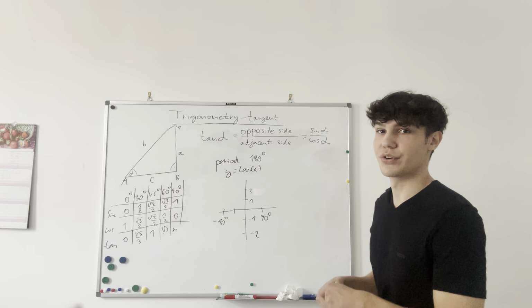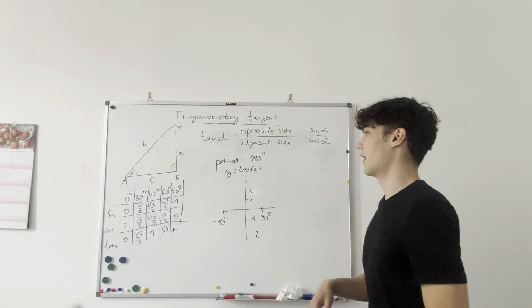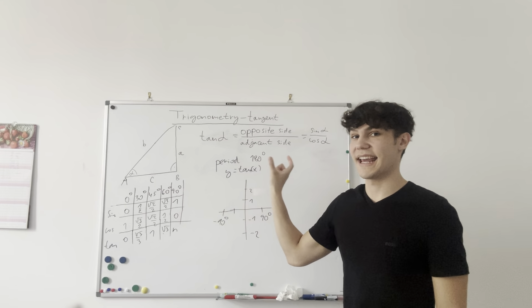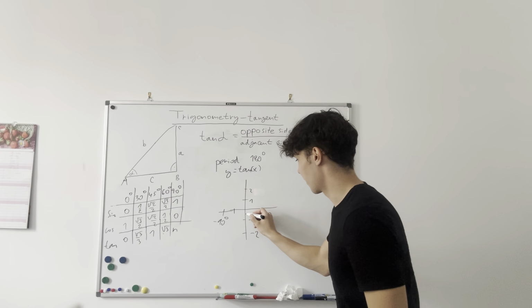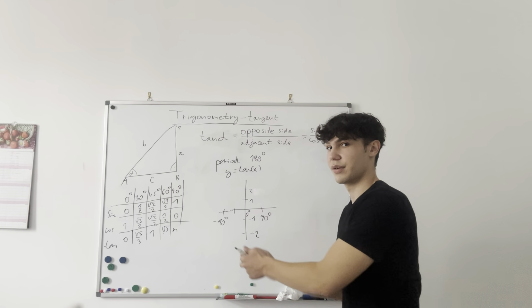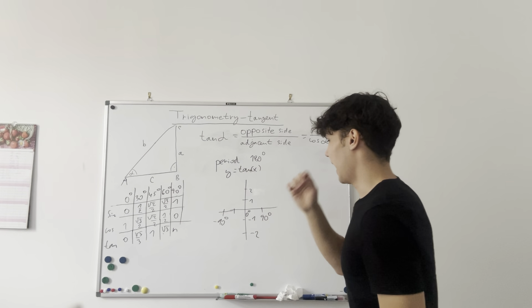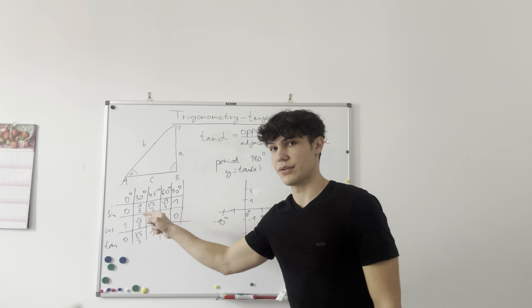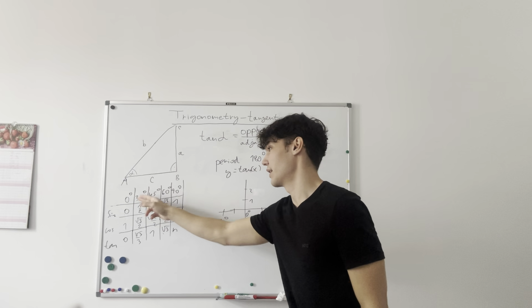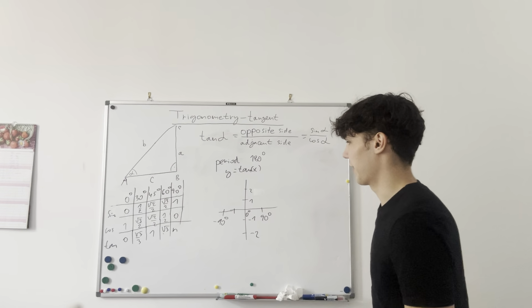Now I'm going to do the graph of tangent. Tangent is defined on a period of 180 degrees. So what we're going to do is that this is 0 degrees, and we go 90 degrees to the right and 90 degrees to the left. And given that we already know the important values for these degrees, we can simply do them on the graph.